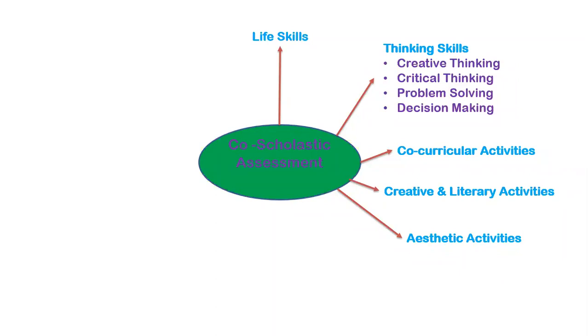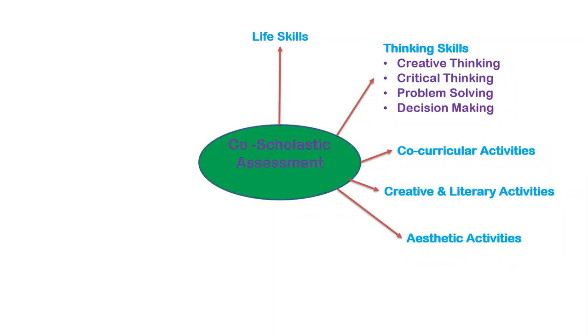Some students might be good in art activity, so you need to consider that. You may have different clubs in the school where your child is interested and placed in that particular area. So in that way also it can be evaluated.